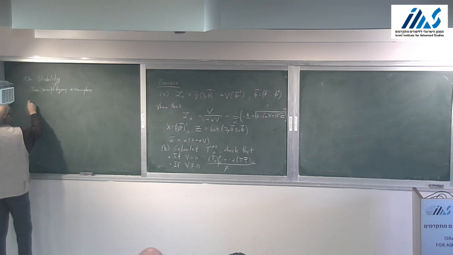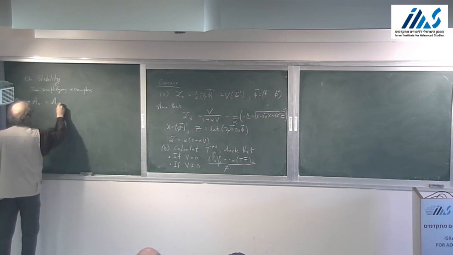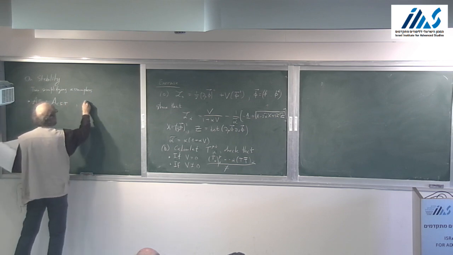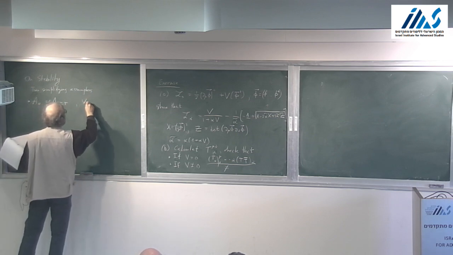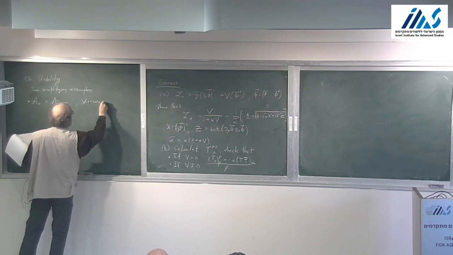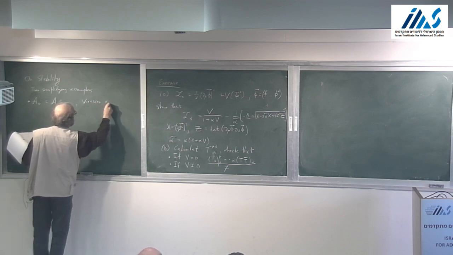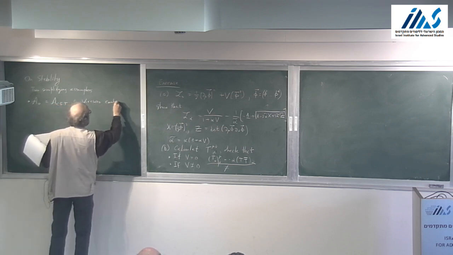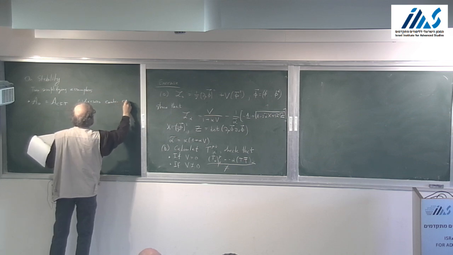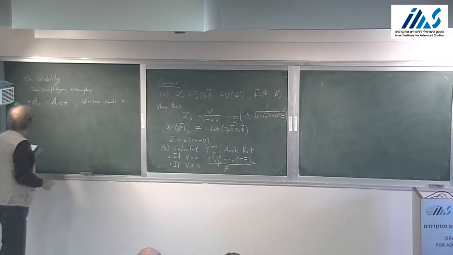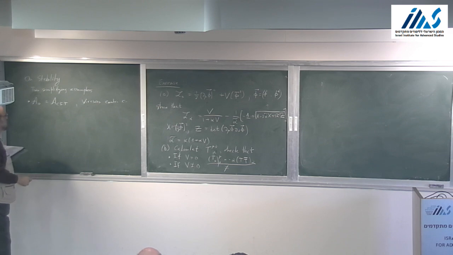One is that the undeformed theory A naught is a CFT, some CFT with some Virasoro central charge C. And the second assumption is that C is very large.